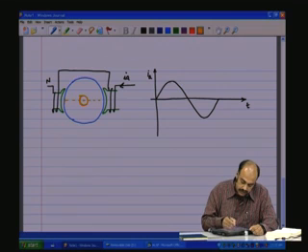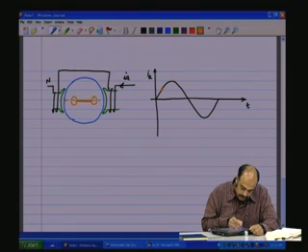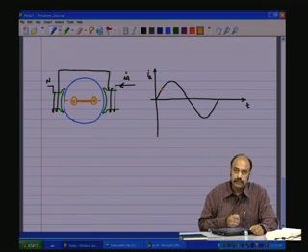Now as the amplitude starts rising, so let us say at some point here, the corresponding flux would result in a dumbbell which is of this size, north and south.